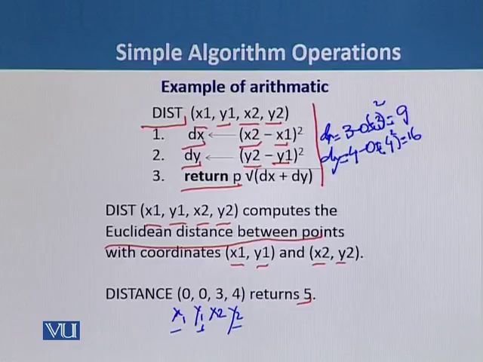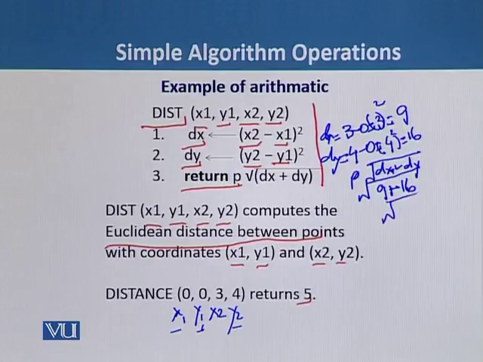Then we will calculate the square root of dx plus dy. So dx in this case is 9 and dy is 16, and we take the square root.